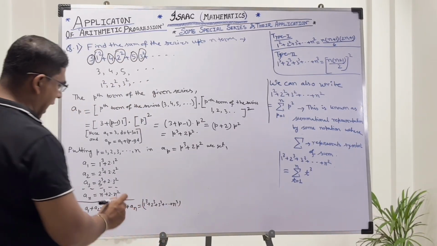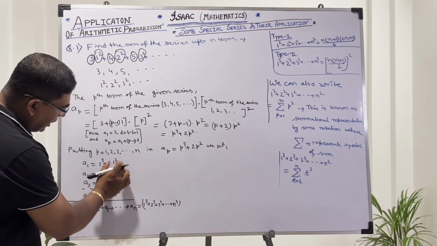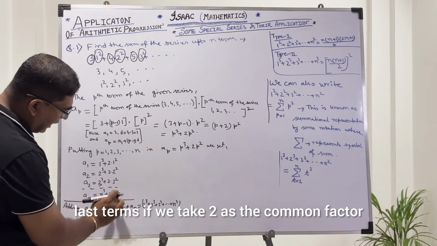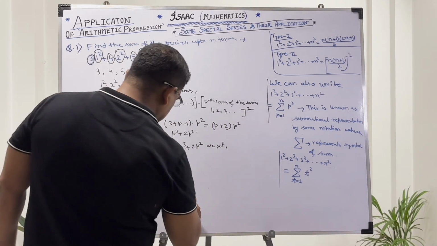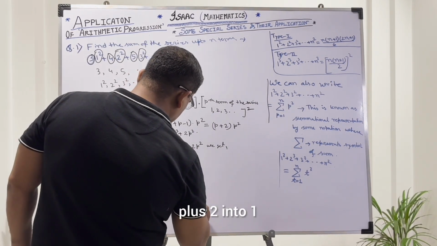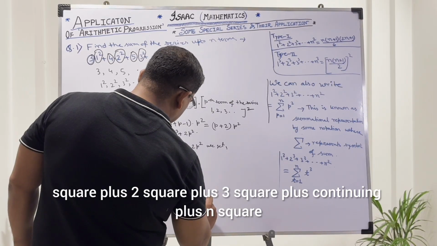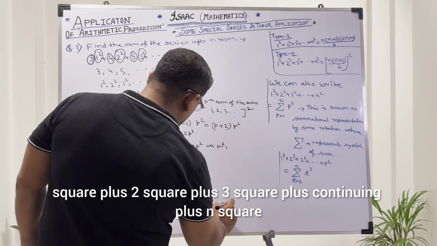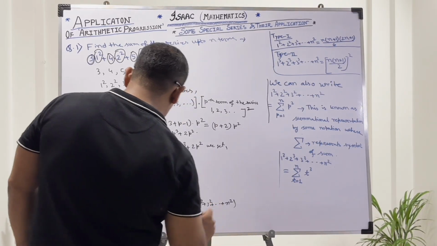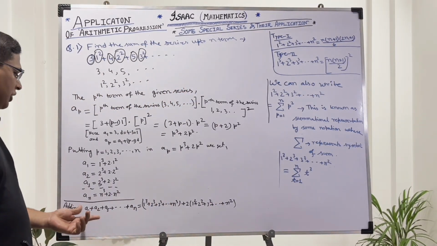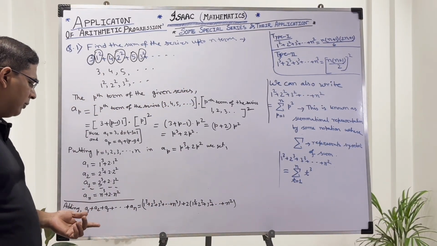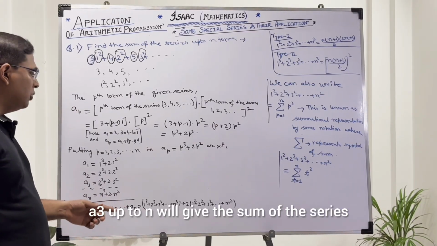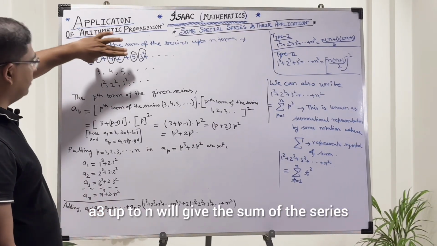And from these last terms, if we take 2 as the common factor, then this will be plus 2 into (1 square plus 2 square plus 3 square plus continuing plus n square). Okay, sum of these terms, that is A1, A2, A3 up to n, will give the sum of this series.